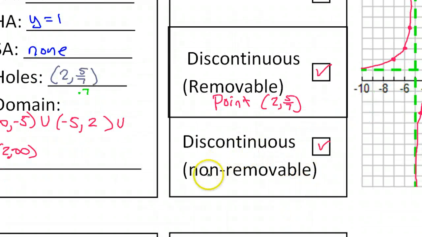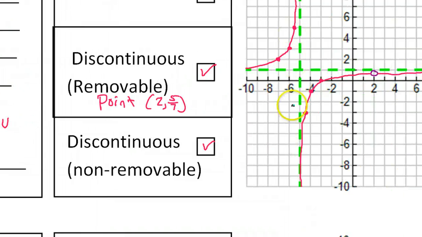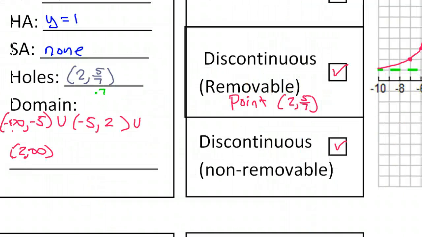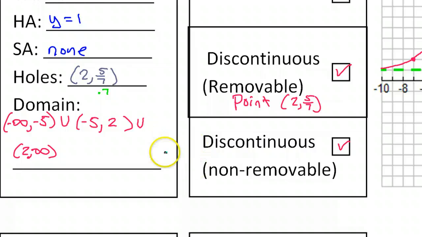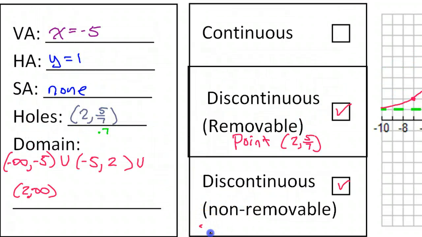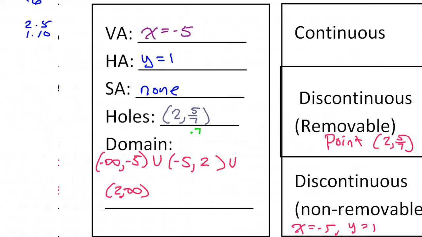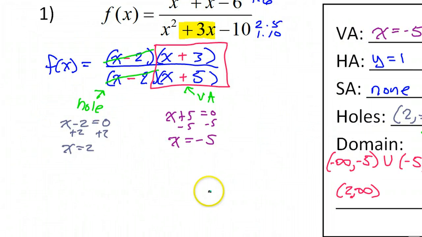And we also have a non-removable discontinuity, and that's the asymptote. Well, the asymptotes: x equals -5 and y equals 1. Those are non-removable discontinuities. All right, and that is it for problem number 1.